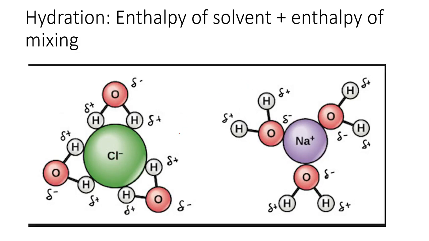In water, hydrogen is partially positive and oxygen is partially negative. So the positive part of the water is going to surround the chloride ion, and the negative part of the water is going to surround the sodium ion. That process separates chlorine and sodium apart, and we call it hydration.